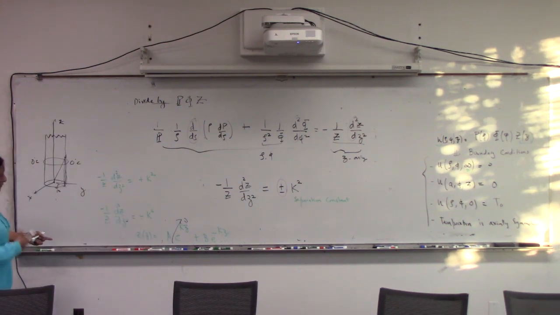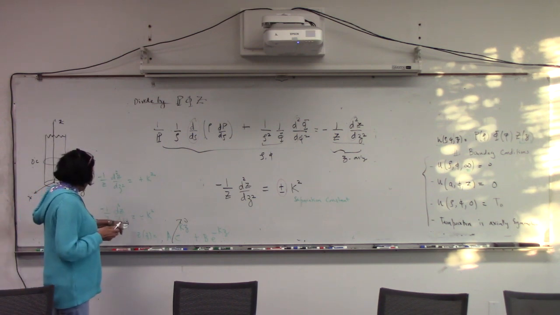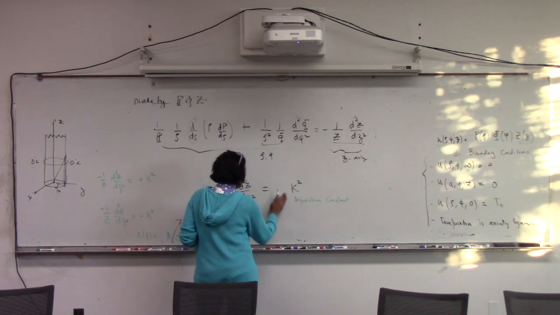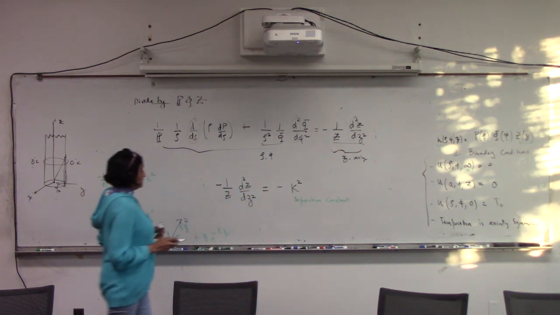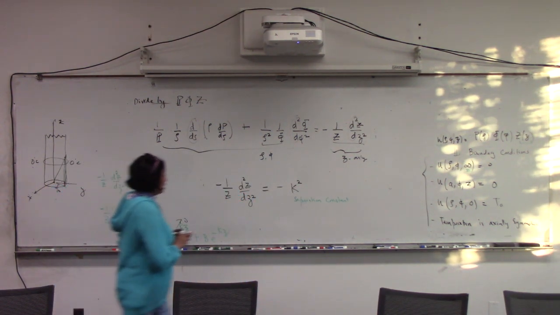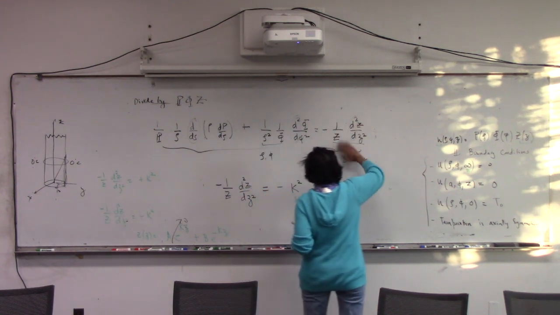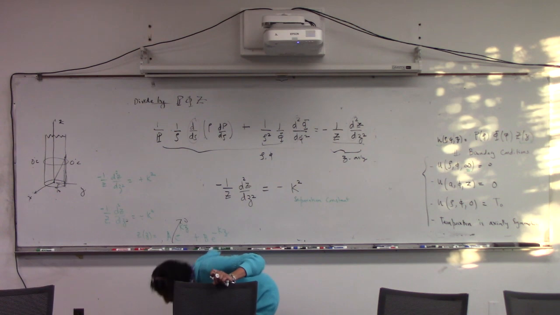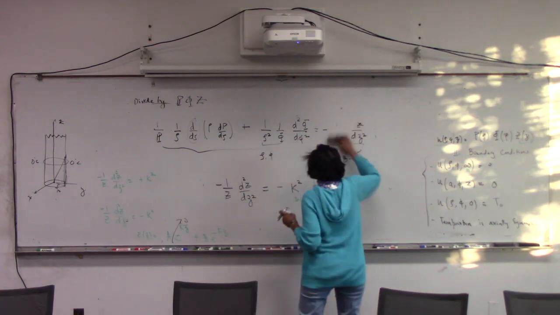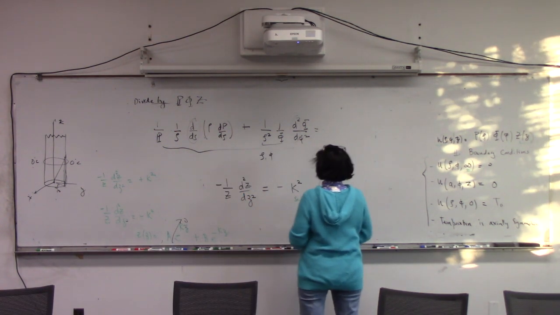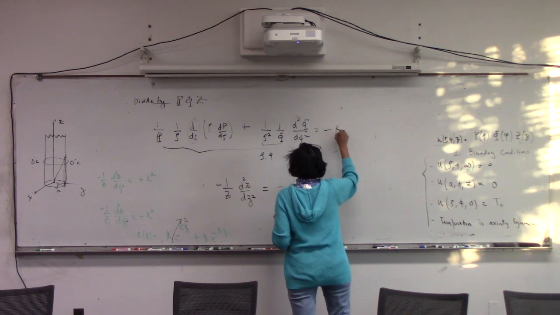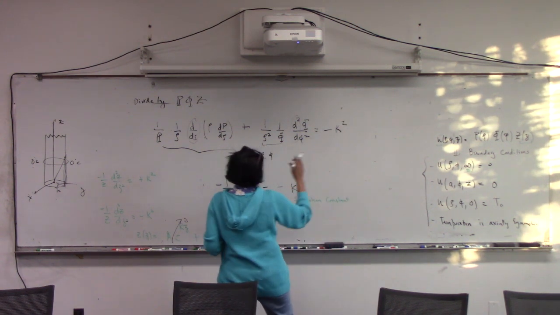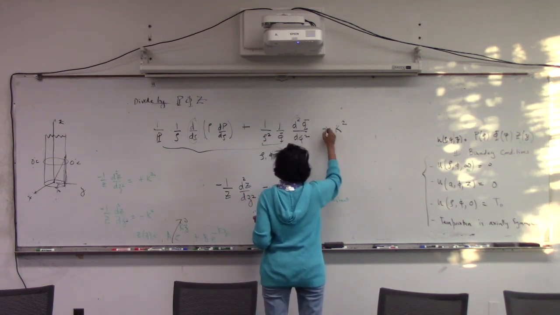So this tells me I have to choose this. We cannot have both. We have to take that. So this whole thing is negative k squared then, and I can now replace this as negative k squared. I can bring it to the other side also now, so plus k squared equal to 0.